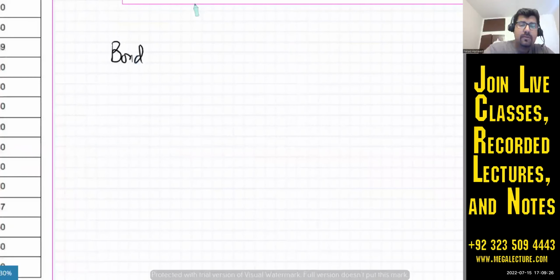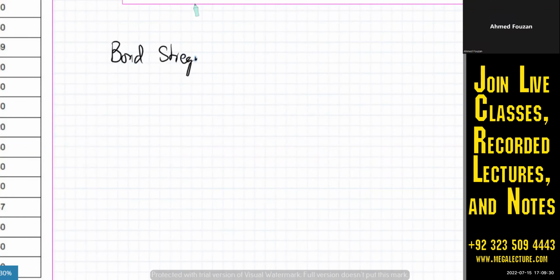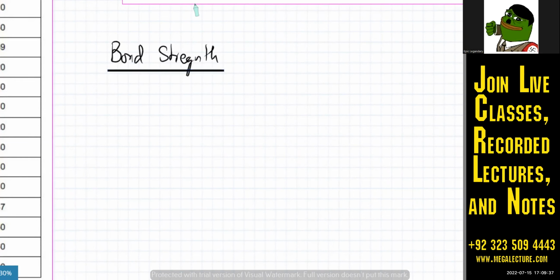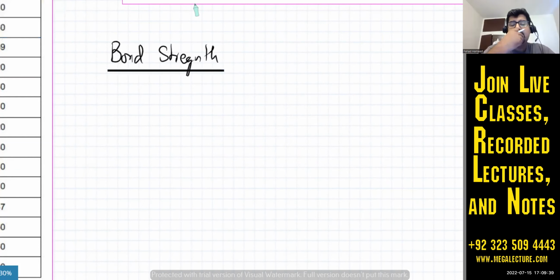But like so what are the factors on which bond strength might depend? Electronegativity. Not electronegativity, it's first one. If you have a single bond and a double bond and a triple bond, who's stronger?